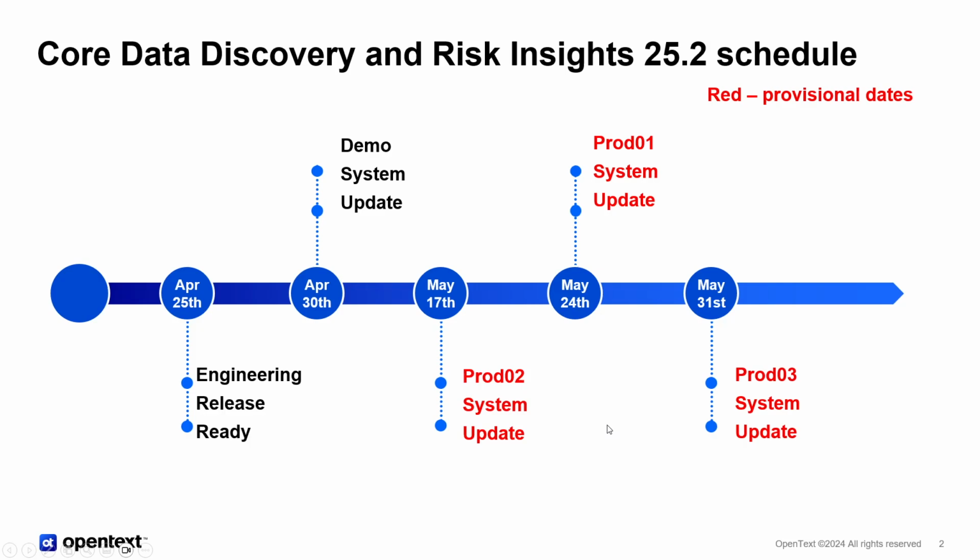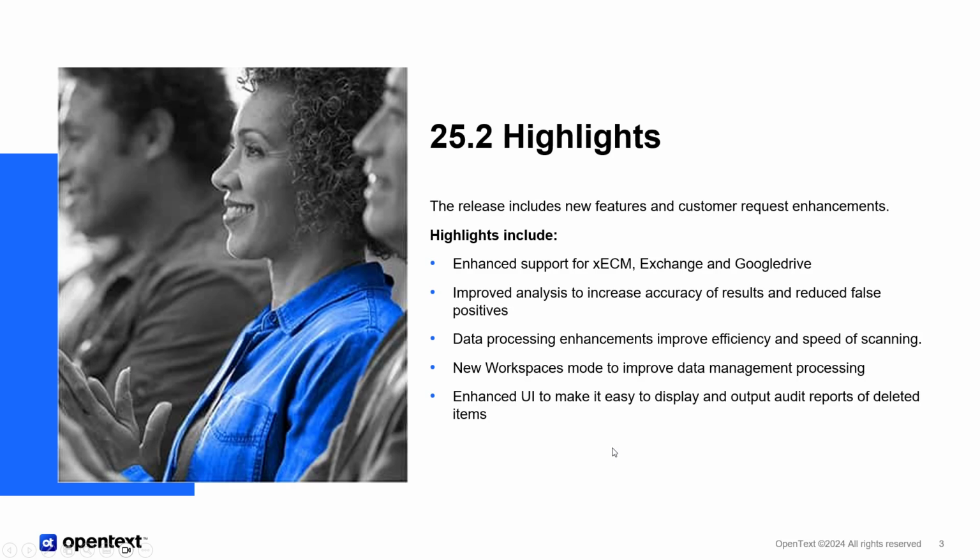Okay, so let's now get into the details of what's in the release. First of all, let's just cover the highlights, and then once we've done the highlights, we'll get into the detail. This release includes some enhanced support for extended ECM, Exchange, and Google Drive. So I'll talk about some of the details of those.